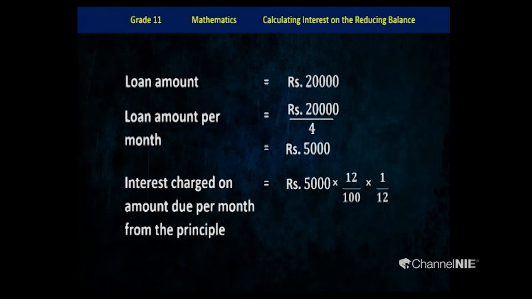Multiply by 12%, annual interest rate. Multiply by 1 upon 12, because you want to get the monthly interest. Now divide 5,000 by 100, you get 50. After that divide 12 by 12, then you get the simple answer 50. What is this 50? Interest charged on amount due per month. You have to remember that it is per month interest.